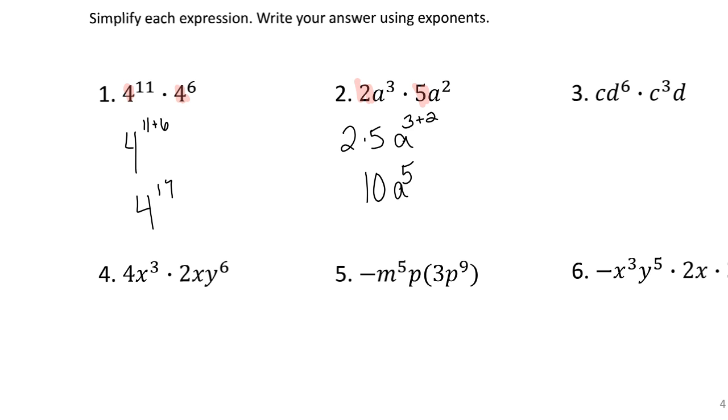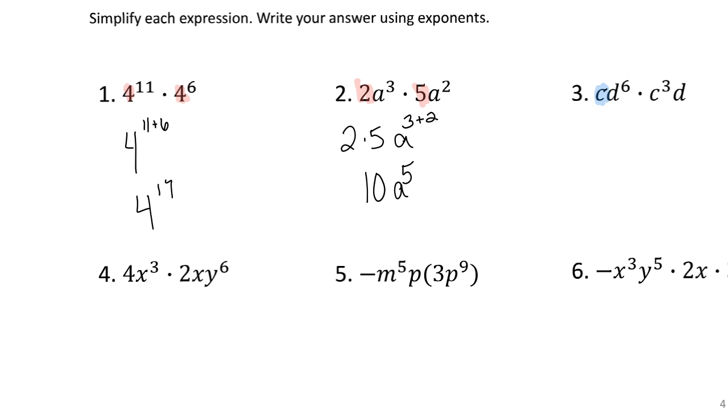I'm going to do one more with you, and then I'm going to let you try the next 3 on your own. Okay, so one more is now we have 2 variables together. So example 3, now I have 2 variables. What do you notice about the c? There's no exponent there. Well, there's none listed, but there is an implied 1.